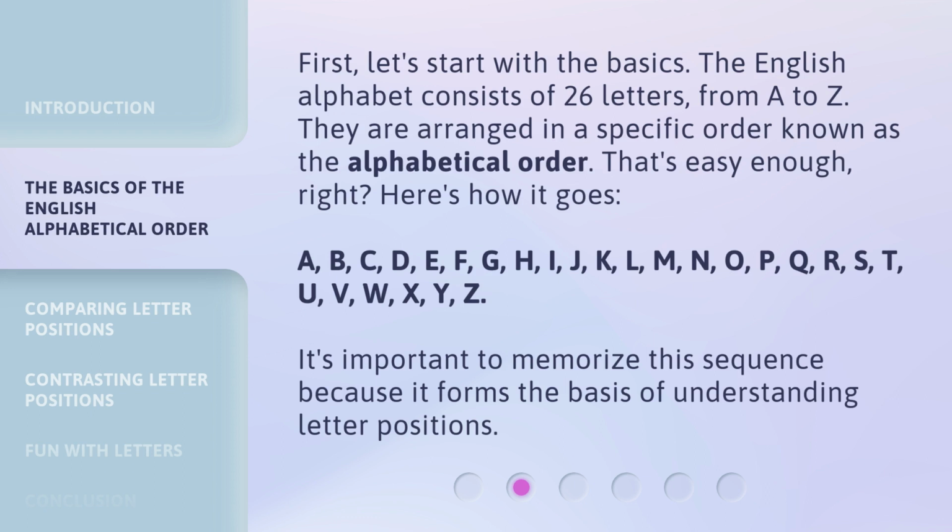Here's how it goes: A, B, C, D, E, F, G, H, I, J, K, L, M, N, O, P, Q, R, S, T, U, V, W, X, Y, Z. It's important to memorize this sequence because it forms the basis of understanding letter positions.